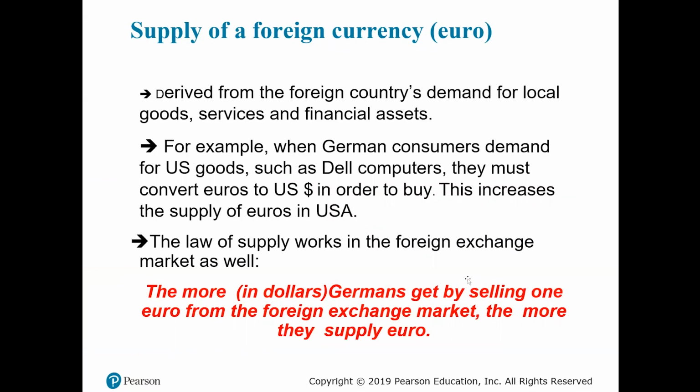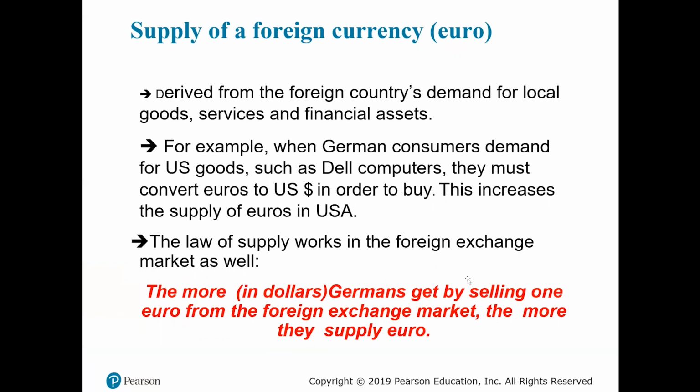The other part is the supply of a foreign currency, which is derived from the foreign countries' demand for local goods. For example, when German consumers want to buy US goods, for example, Dell computers, they must convert their euros to US dollars. This increases the supply of euros in the USA. Like any other normal good, it has an upward sloping supply curve.